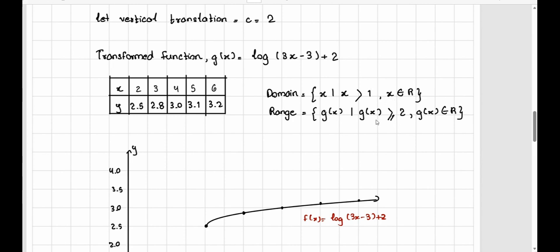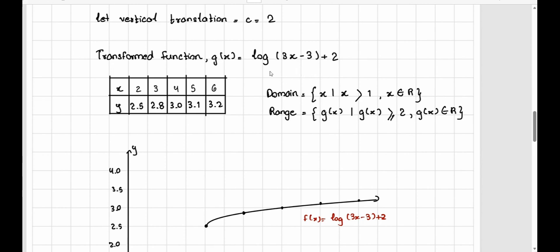For the range, whatever value you get from this part, log 3x, you have to add 2 to the value you got. So for example, let's say you got 0 from this first part, you have to add 2 to that. So 0 plus 2 is 2.